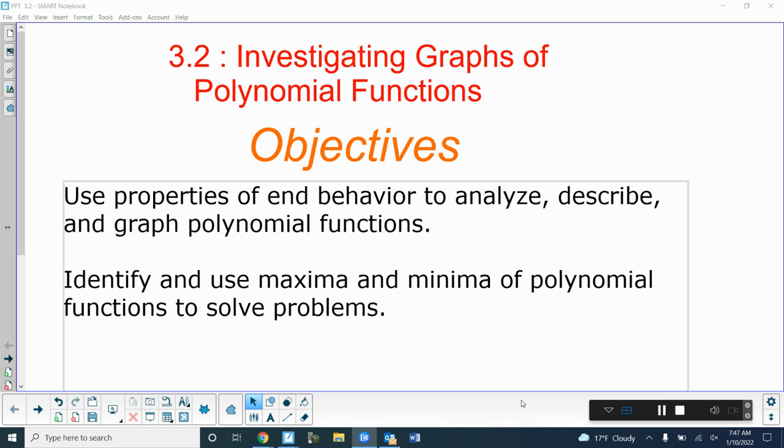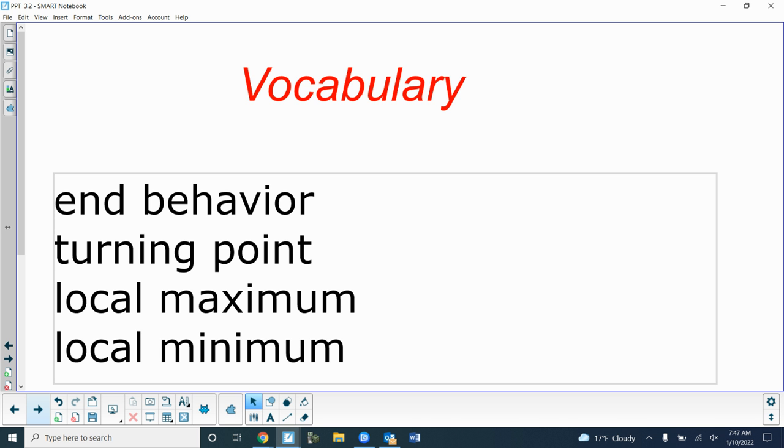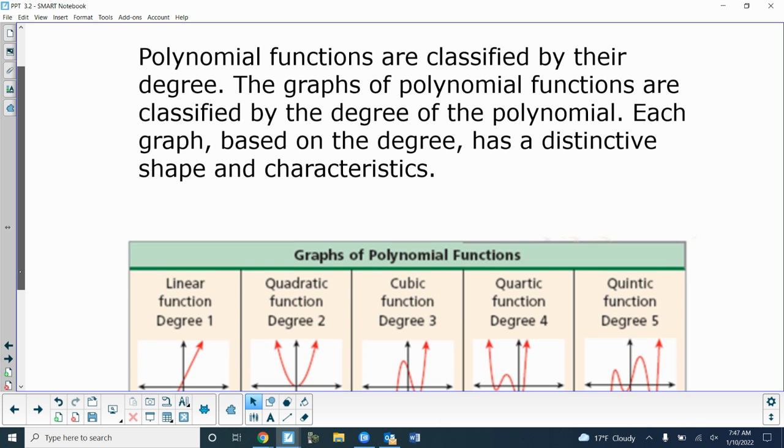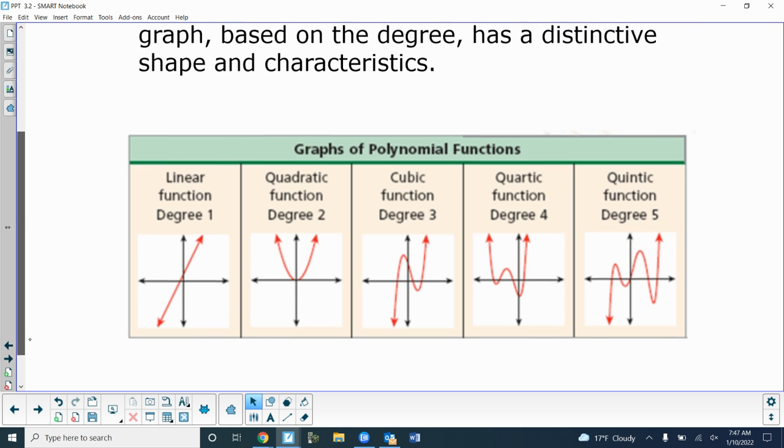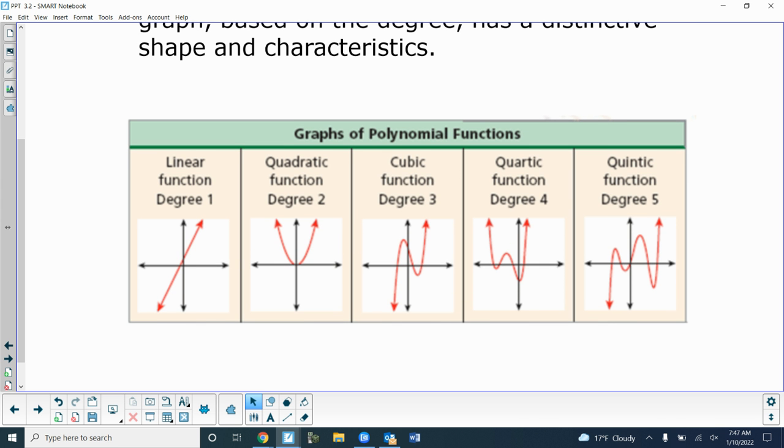So we've done parabolas, which are quadratics. We're getting into higher degrees.